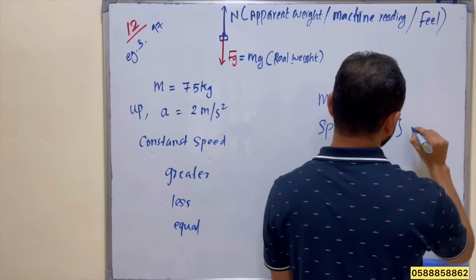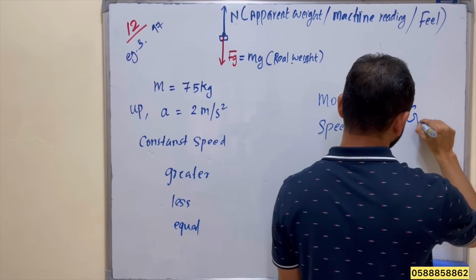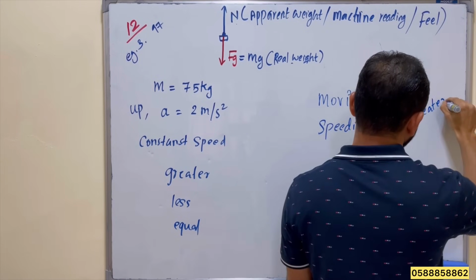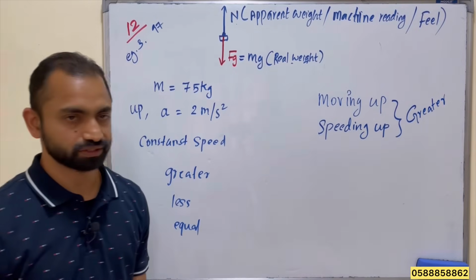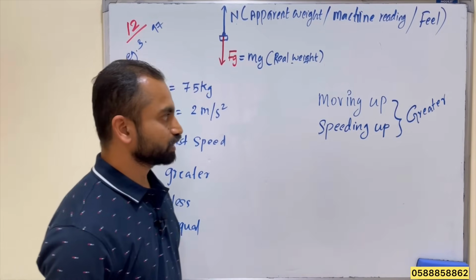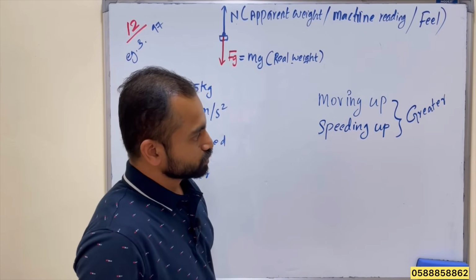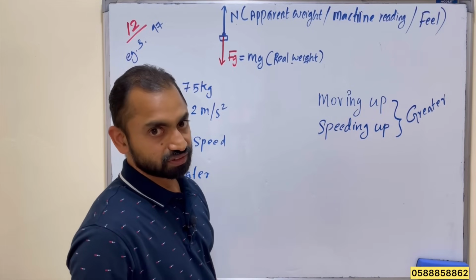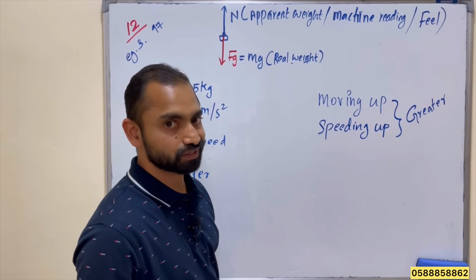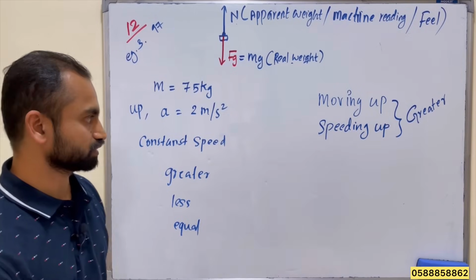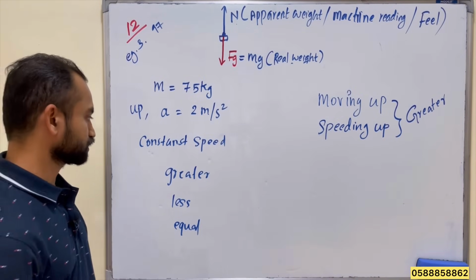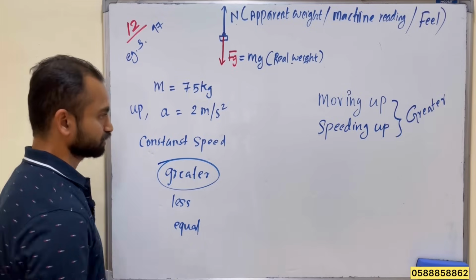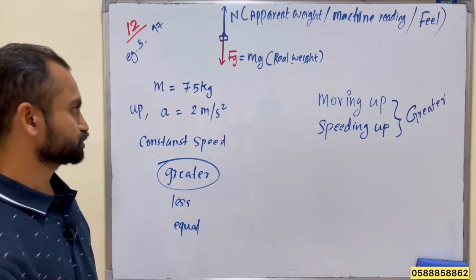If both are up, it will be greater. Moving up and speeding up, then the apparent weight will be greater. So I will choose this because it is moving up and speeding up.